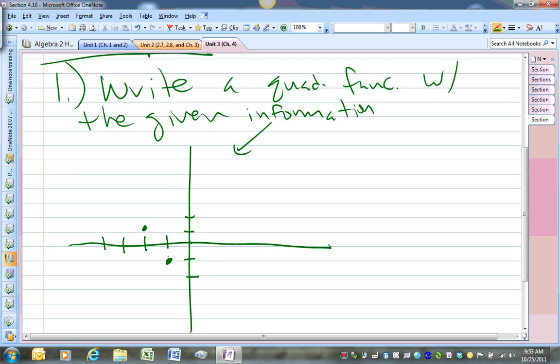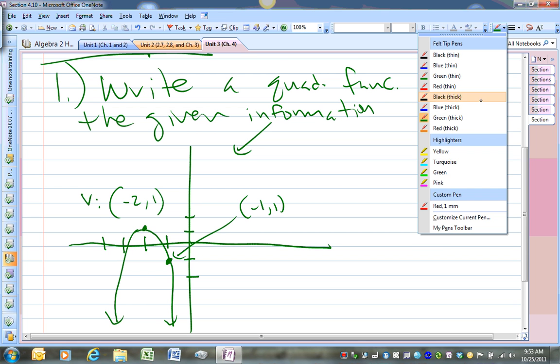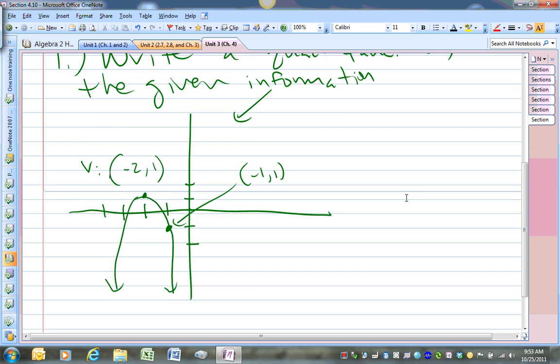And that point right there. And that's the vertex. So in red, we'll work out the solution.